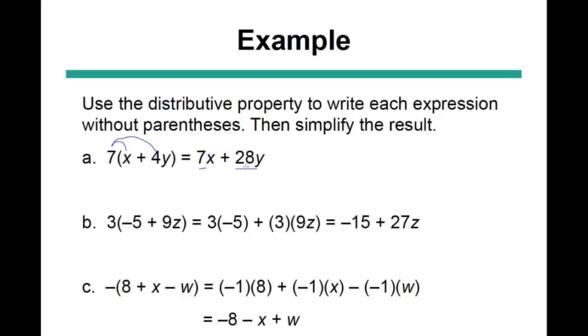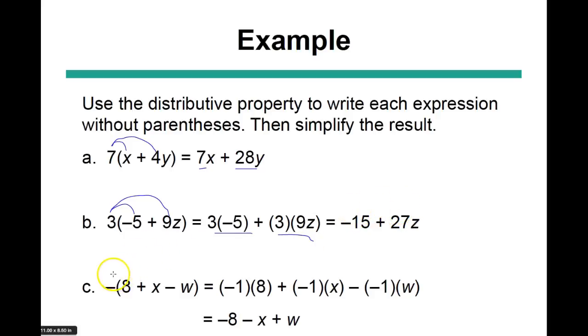Since we don't know what y is, we just have to keep it that way. Similarly, the same thing for example B here. 3 gets distributed to the negative 5, and 3 gets distributed to the positive 9z. So of course, you see how we write them both there. And then of course our final answer ends up being negative 15 plus 27z.